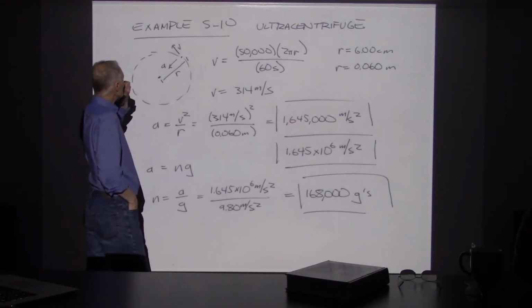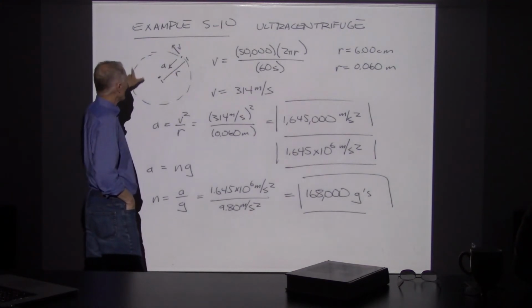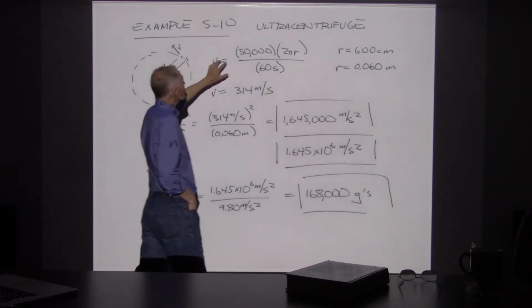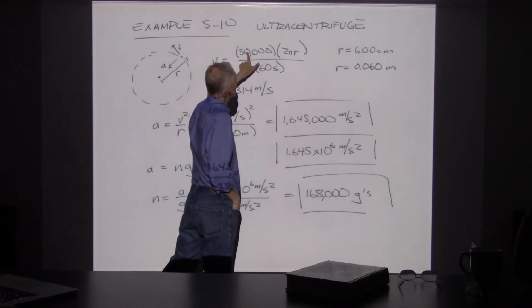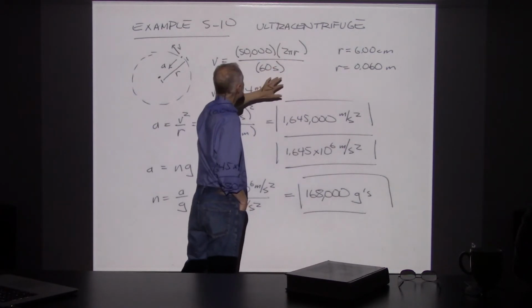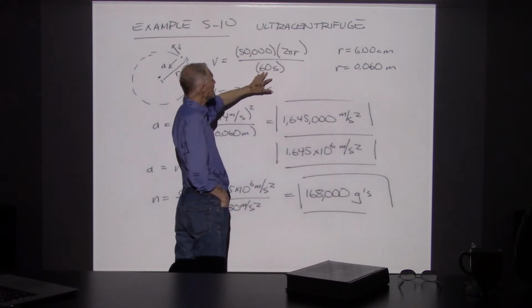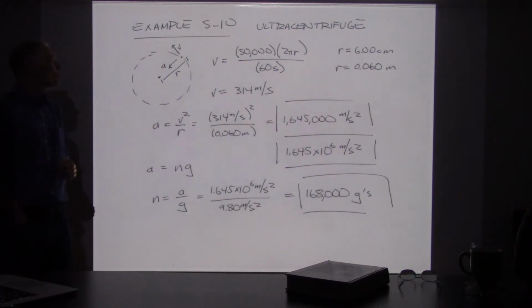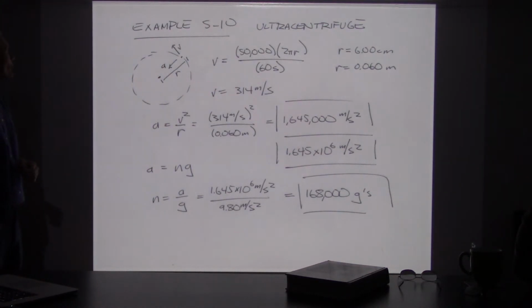So, okay, I got something going around in a circle, and again, we got to calculate v, so that's 50,000 rotations, 50,000 circumferences in a minute. So that's 60 seconds, and that gave us a velocity of 314 meters per second.